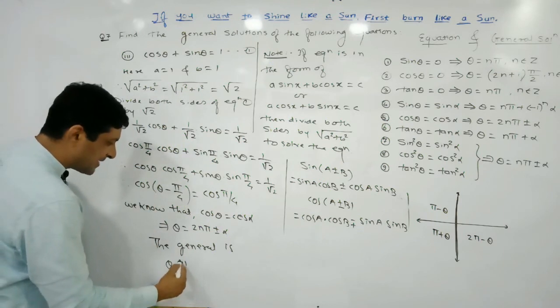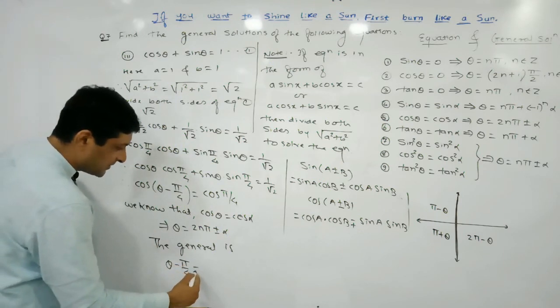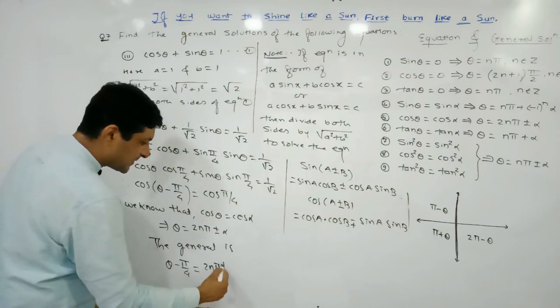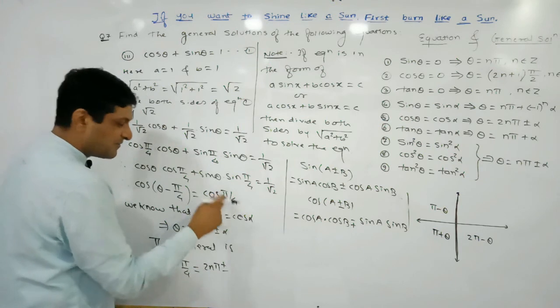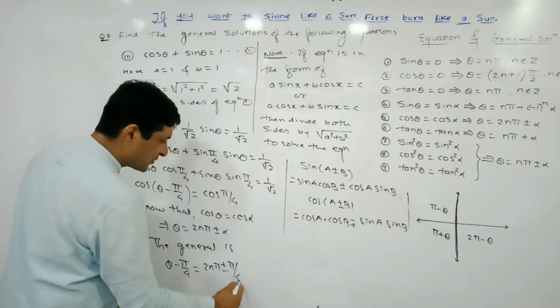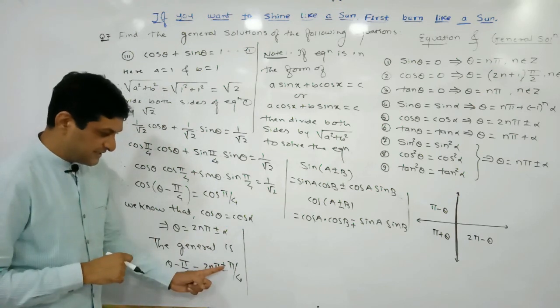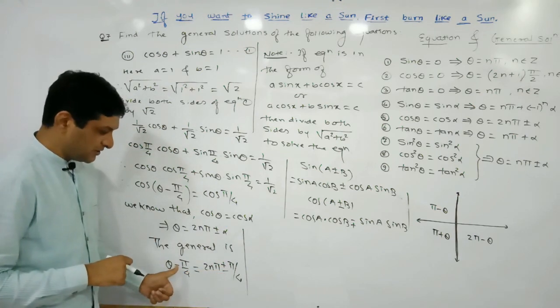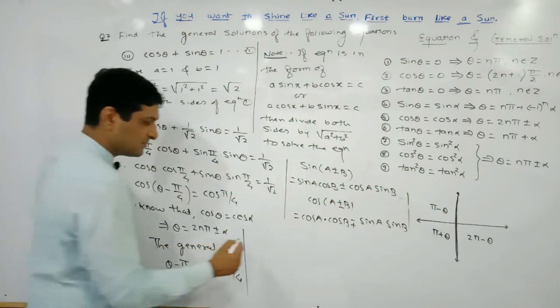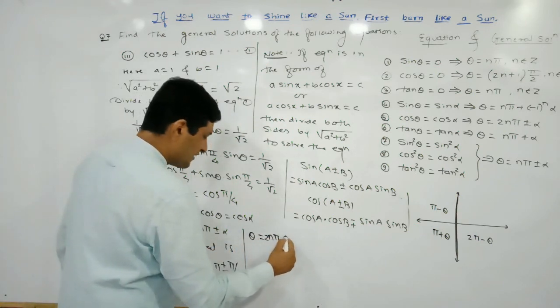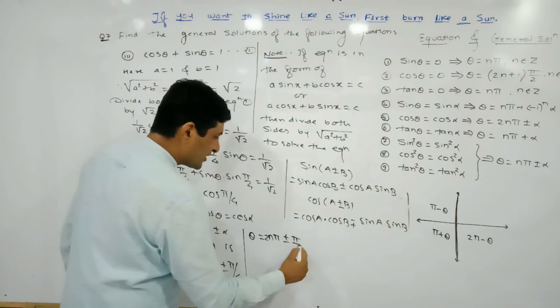Theta minus pi by 4 is equal to, on this side 2n pi, keep it as it is, plus or minus alpha. But what is the value of alpha here? Pi by 4. Now the remaining part is the simplification part. Let us simplify it. First consider plus, then consider minus. Otherwise take this minus term on this side, it will become plus. Theta is equal to 2n pi plus or minus pi by 4, keep it as it is.